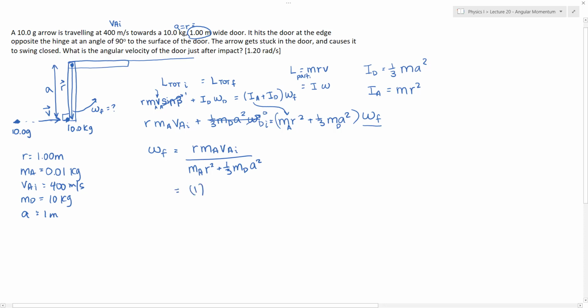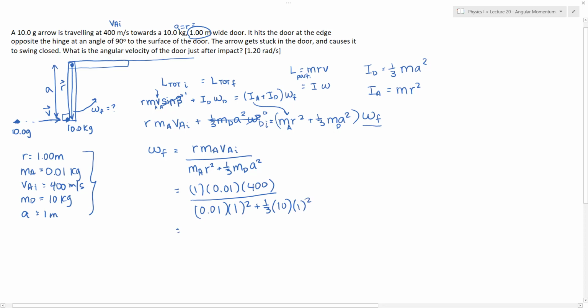Now I can plug everything in. So I have 1, 0.01, 400, using all these values here on the left, over mass of the arrow, which is 0.01, r, which is 1 squared, plus 1/3 mass of the door, which is 10, a, which is 1 squared.